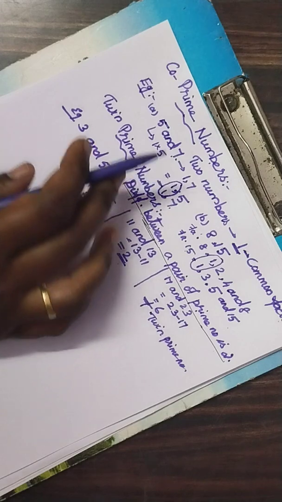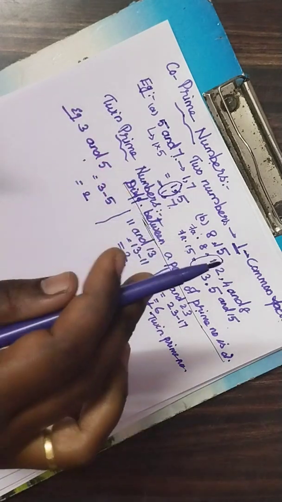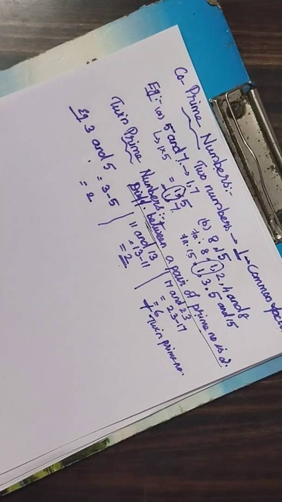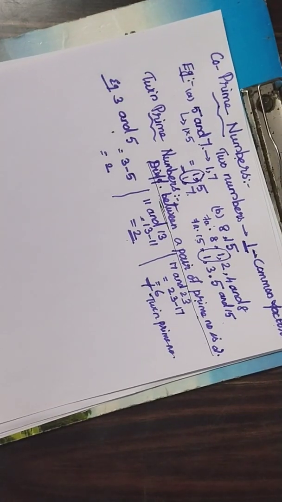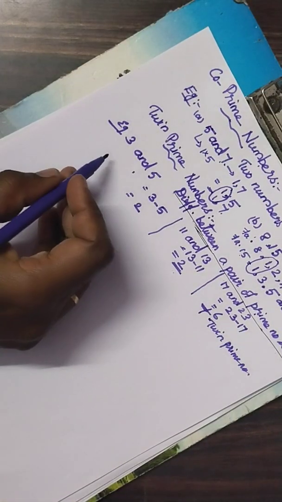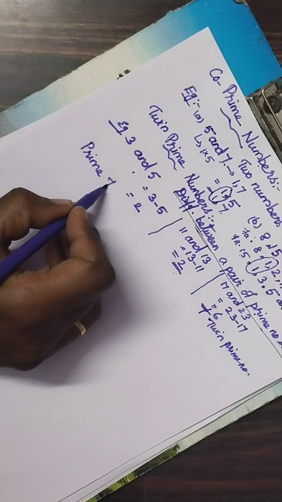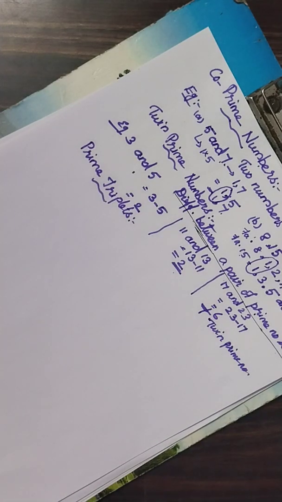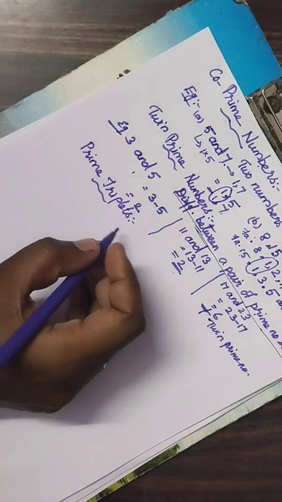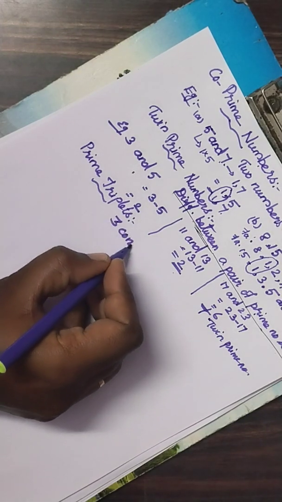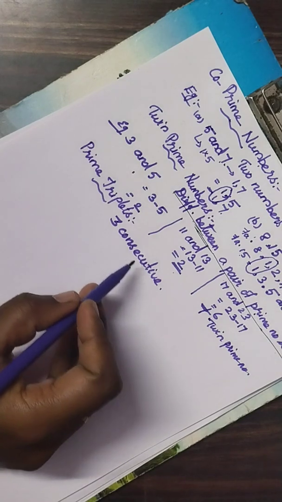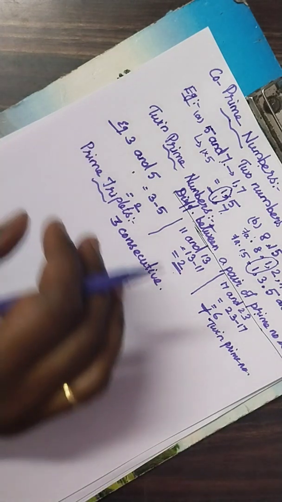Okay, twin prime number. First one, co-prime number. Co-prime means two numbers that have no common factor other than 1. The next one: prime triplet.